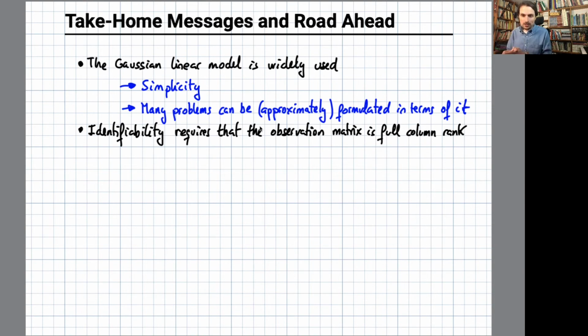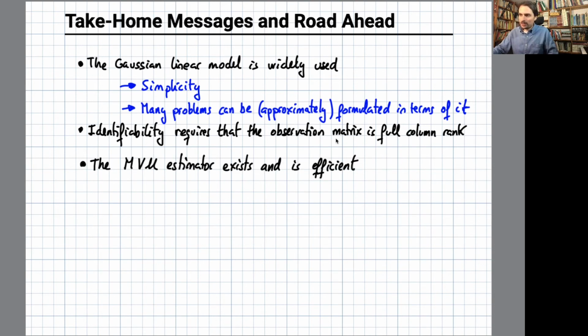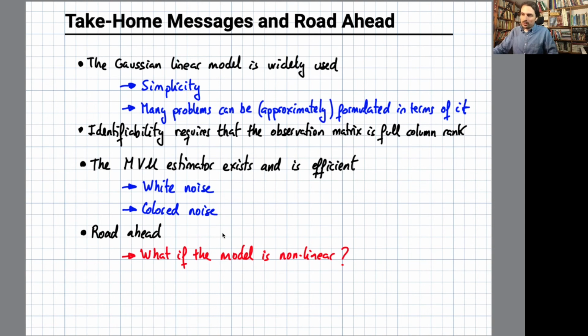In this specific case, identifiability imposes that the columns of the observation matrix must be linearly independent. We found the MVU estimator. In fact, this is the efficient estimator. It attains the Cramer-Rao lower bound, and we did so both for when the noise is white and when the noise is colored.